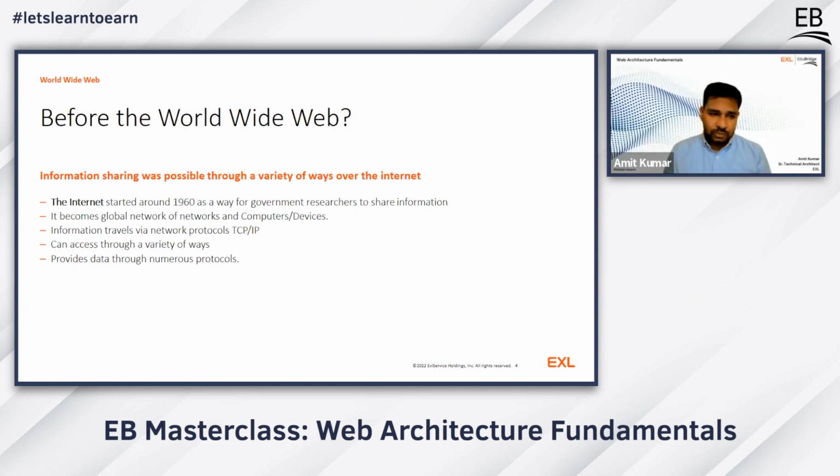So first we will talk about some basic things about the internet. It all started in 1960, and at that time the internet was used mostly by research organizations, especially government and defense. What is the internet? It is a global network of connected devices and networks, a network of networks.